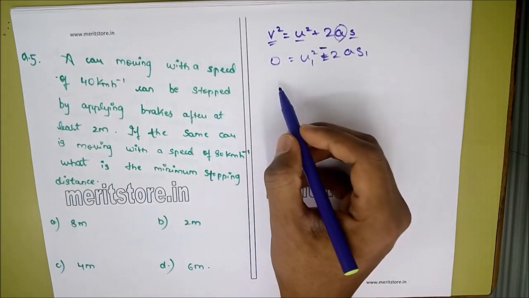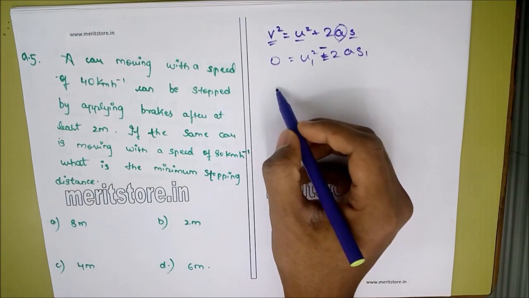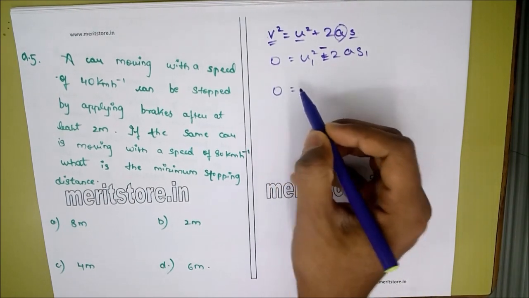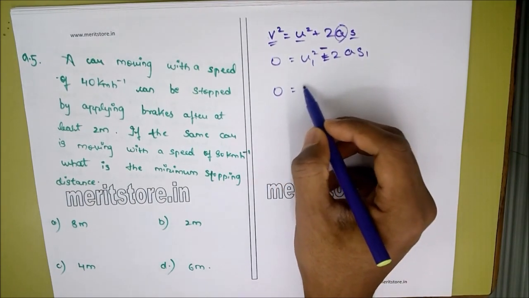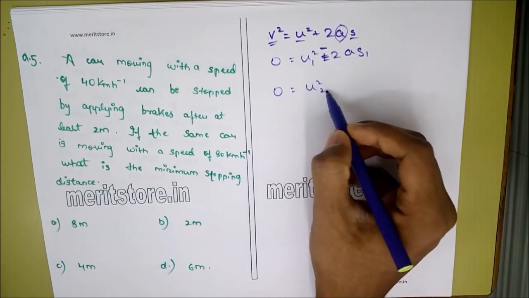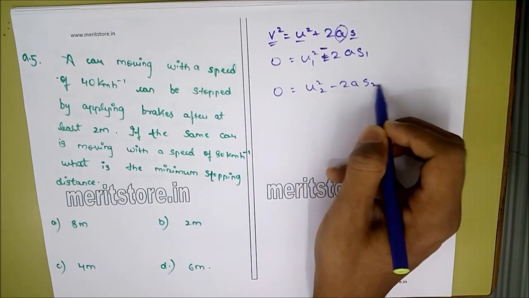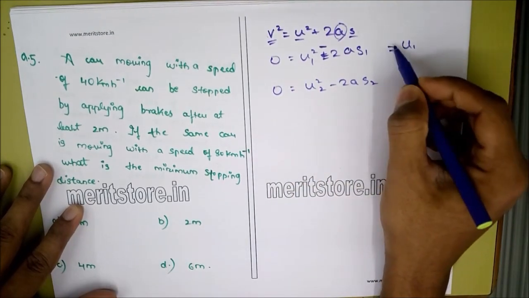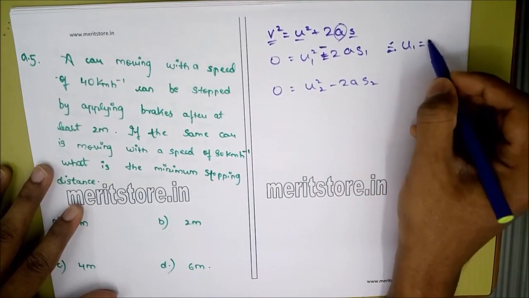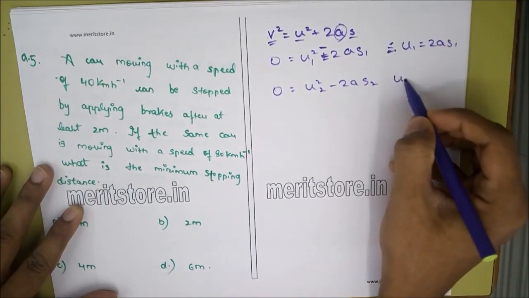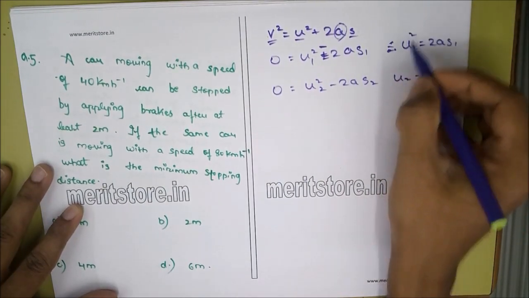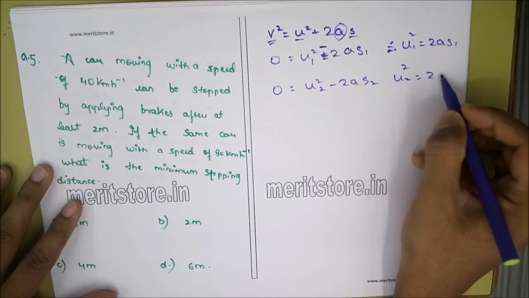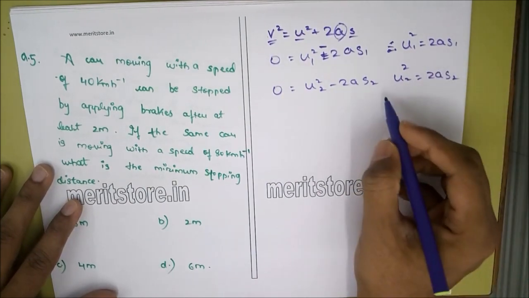So this is for the first case. Similarly, for the second case, 0 would be equal to u square minus 2as2. So let u1 square equal 2as1, u2 square would be equal to 2as2.